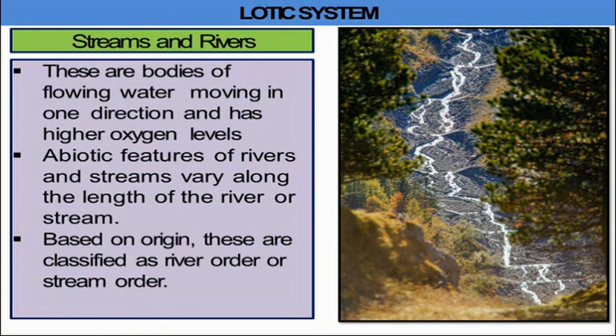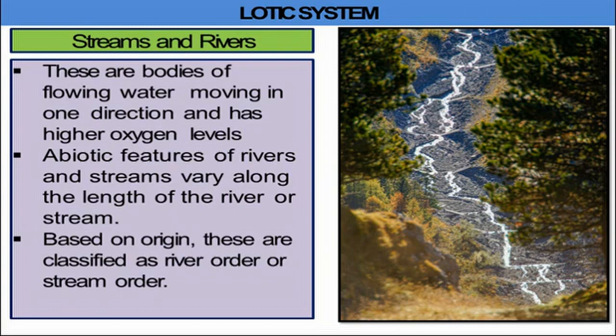We have seen that flowing water moves from higher to lower, and it has high oxygen levels because this is flowing water. The continuous aeration of the water enriches it with dissolved oxygen, so these have higher dissolved oxygen levels.